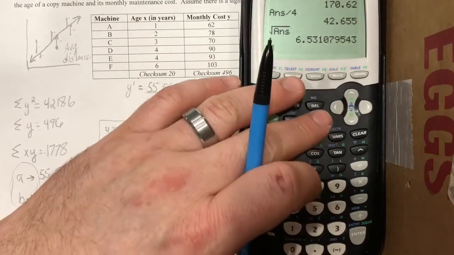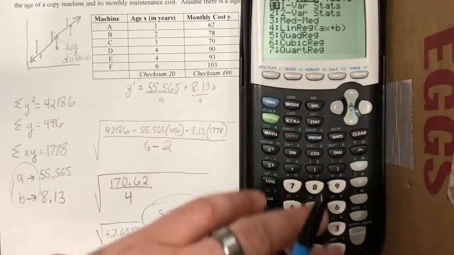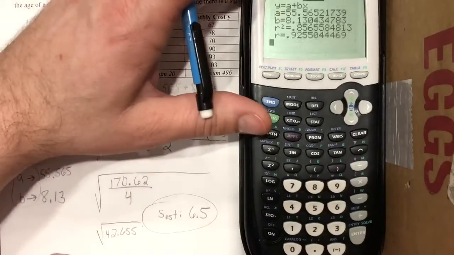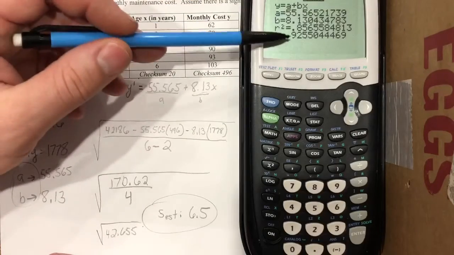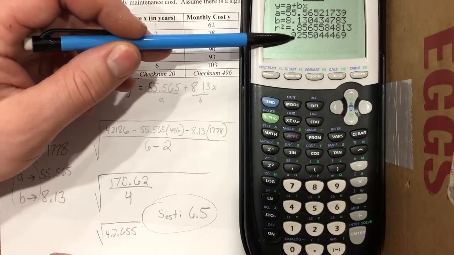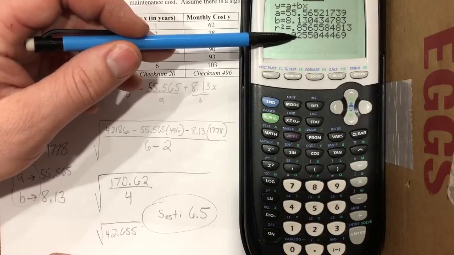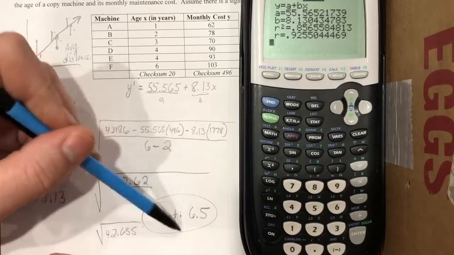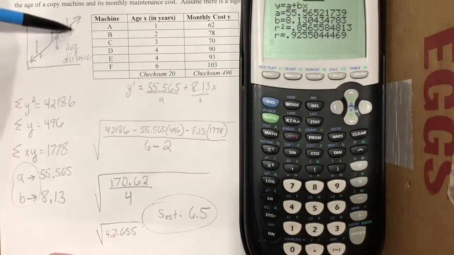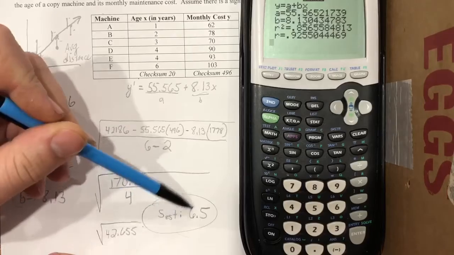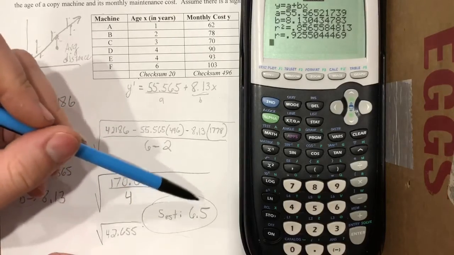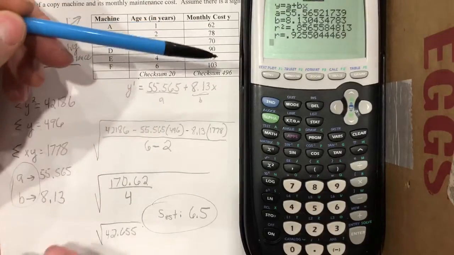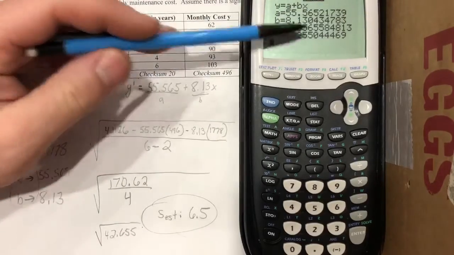If you go back into stat, calculate, and 8, I'm going to show you our correlation coefficient, because this matches up. You can see it right here: 0.92, almost 0.93. That's an extremely strong relationship, which this also shows, because your average distance from your regression line is only 6.5 units, meaning the connection between your true data and your regression line is very strong.